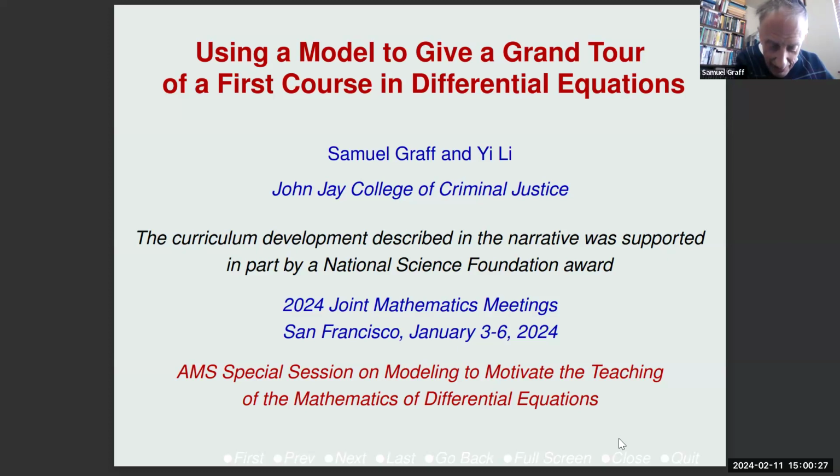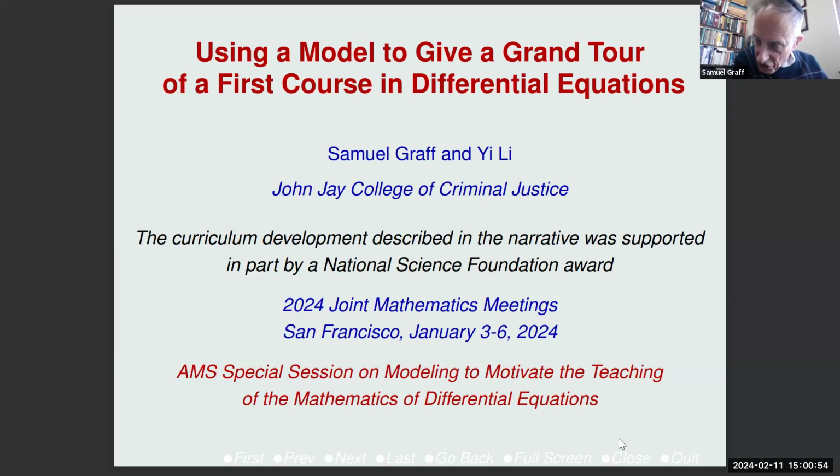My talk is about a shift in pedagogy on the first day of the standard course in differential equations. As we've heard in a number of the talks, students go through the calculus courses engaged in computations, and often they're trying to really find out what all these techniques are really good for.